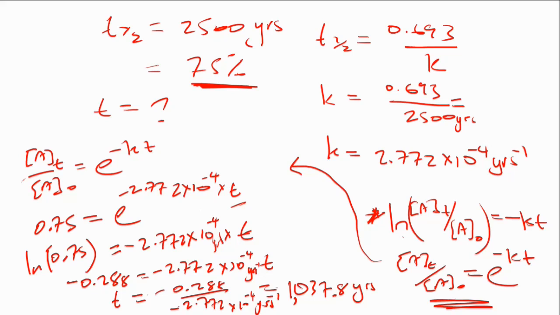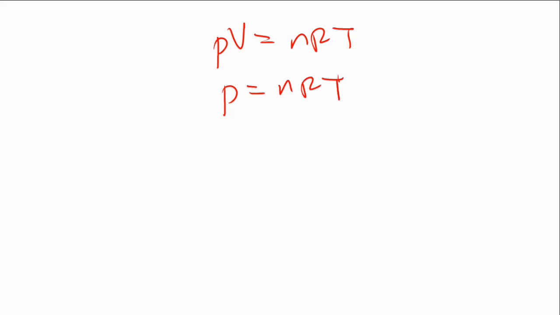Of course, there are some other little tricks about first order kinetics that you should know. One of the easiest ones I could point out in a few seconds is that PV is equal to nRT. Therefore, P is equal to nRT over V, and n over V is the same thing as concentration, so P is equal to CRT, where C is the concentration.